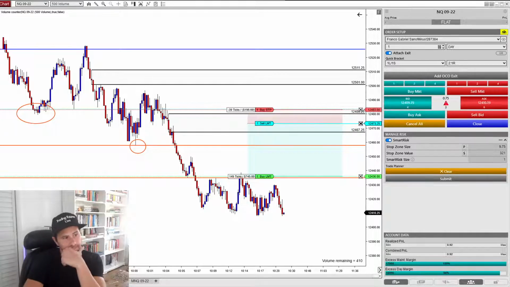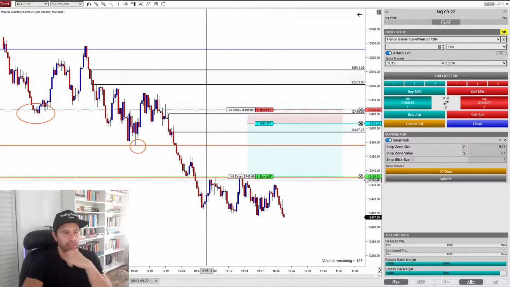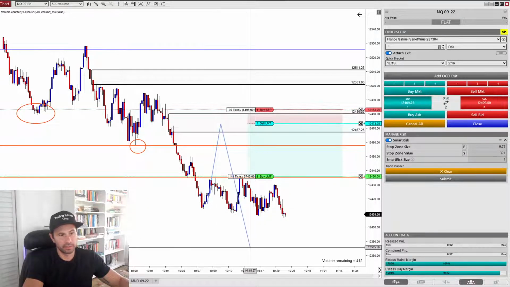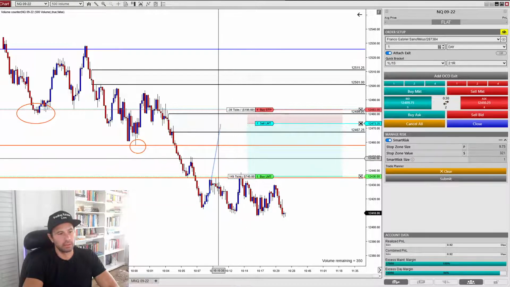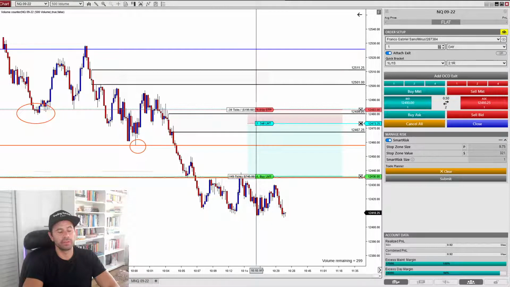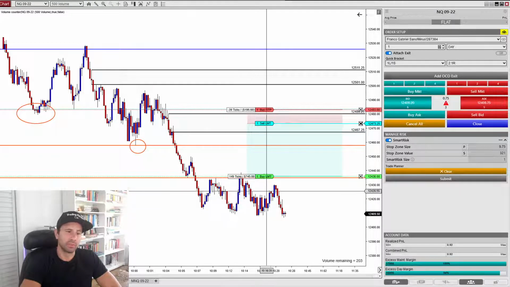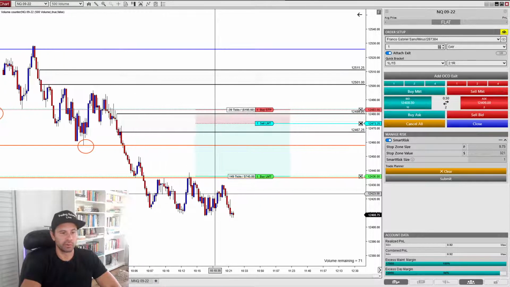For me to take this trade right here, ideally a pullback like this, and then the movement now that is going sideways means the bull case is getting stronger and stronger.